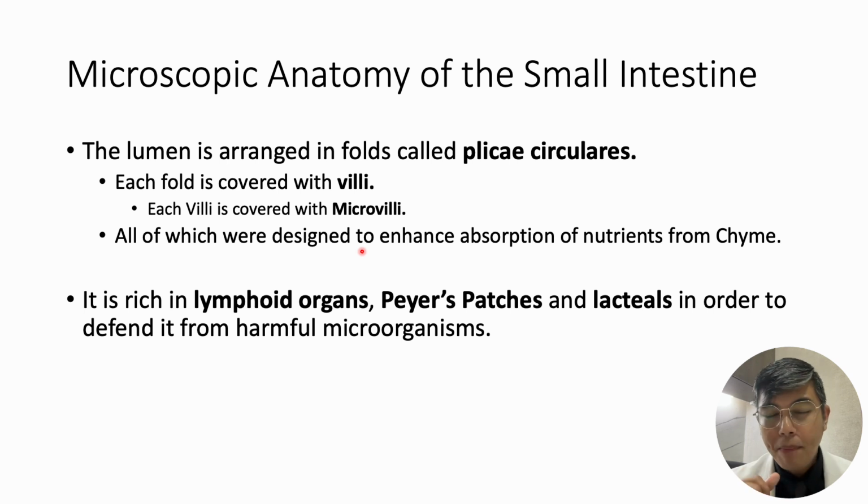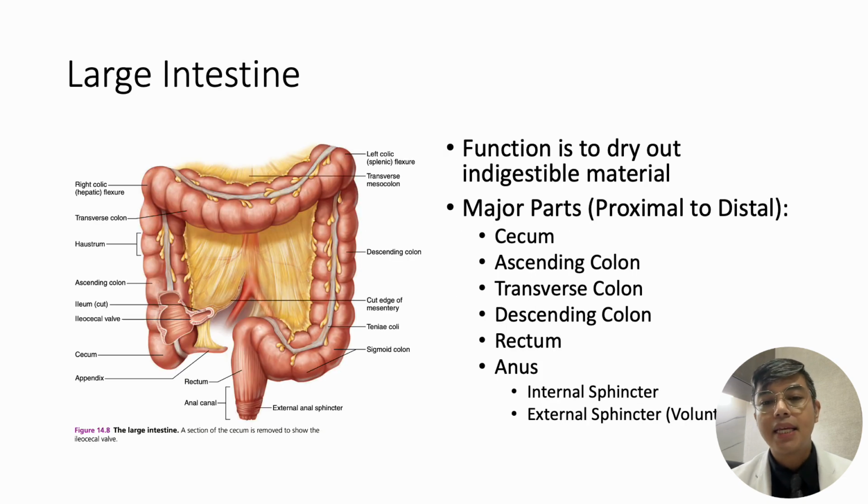So, hihigupin yun ng nutrients. Now, your small intestine is rich in lymphoid organs, your Peyer's patches, and lacteals in order to defend itself from harmful microorganisms. So, after a long pathway of your small intestine, your chyme will now travel into your large intestine.